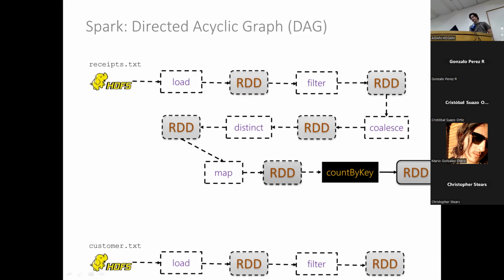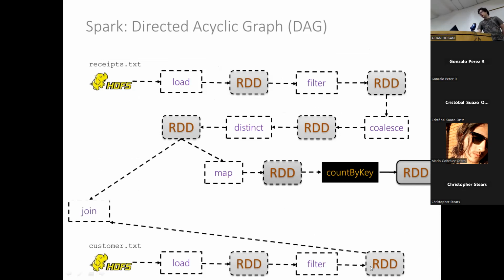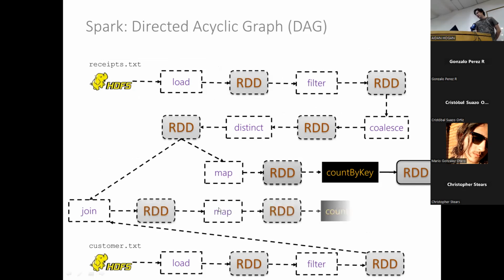So we loaded the data and filtered to the customers we're interested in. And we assume that this RDD here contains those customers. So what could we do? We can join these RDDs here before we start applying the map and count by key. We can join the two RDDs here. And then we can apply a map and count by key here in this case, and we can produce a second count, which gives us the information about certain customers that we're interested in.